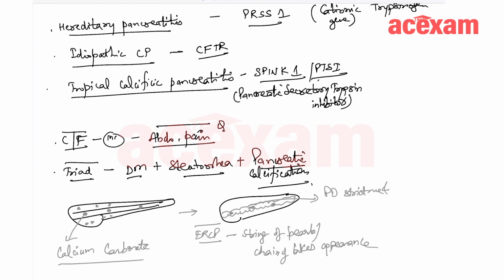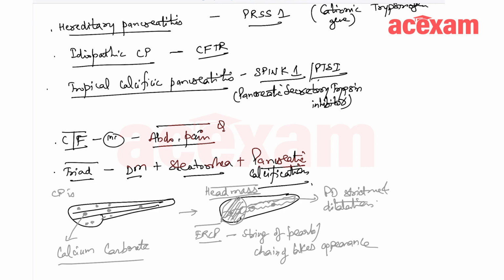And this stone is calcium carbonate. And it leads to development of pancreatic duct stricture and dilatation. Okay, so there is development of pancreatic duct stricture and pancreatic duct dilatation.